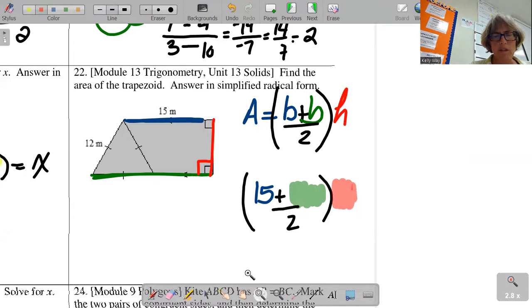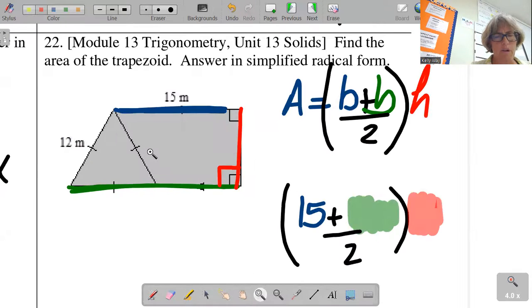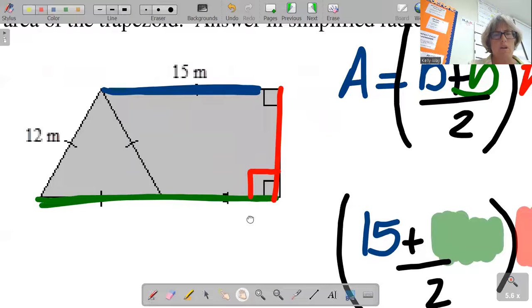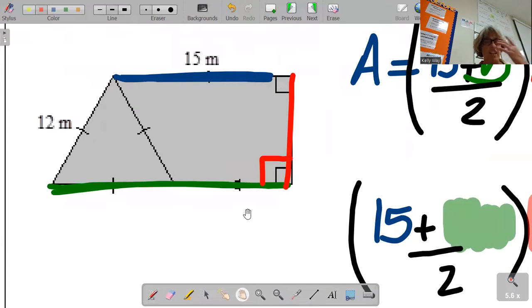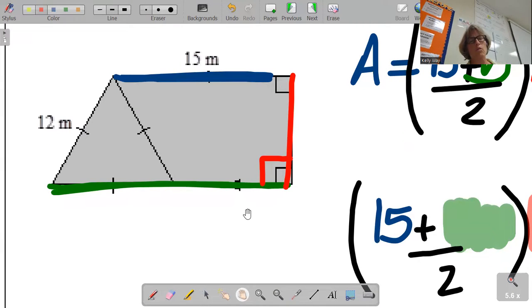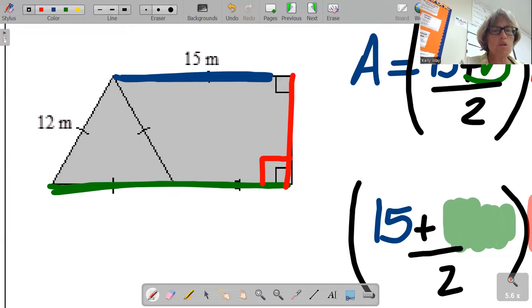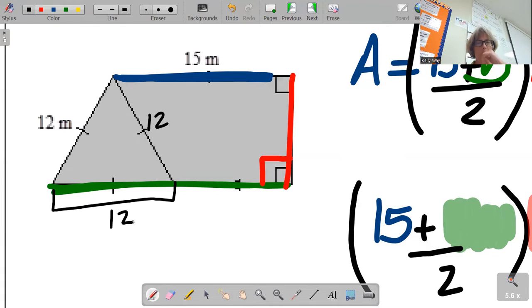So come over here and let's figure out what we do have. We have ourselves an equilateral triangle, which means that's 12, and from here to here is 12. And if we drop this straight down, that means from here to here is half of 12, which is 6.